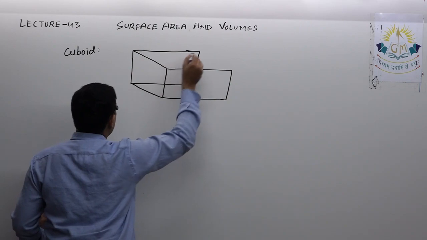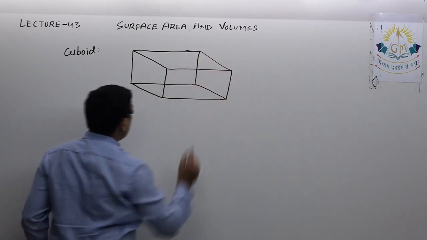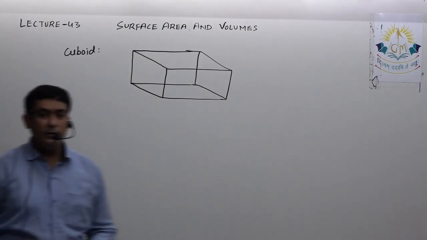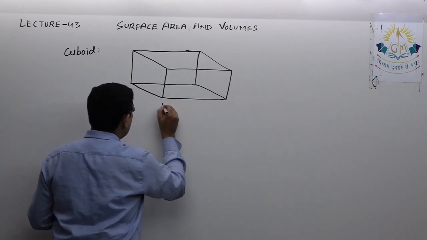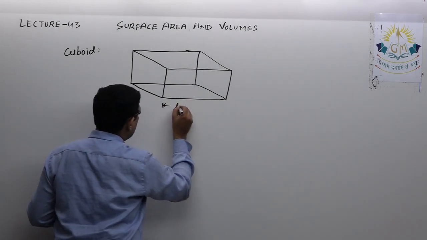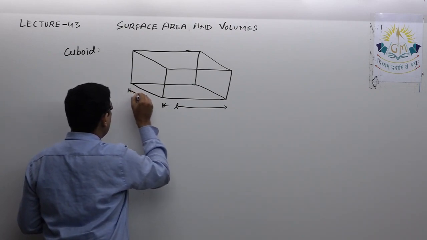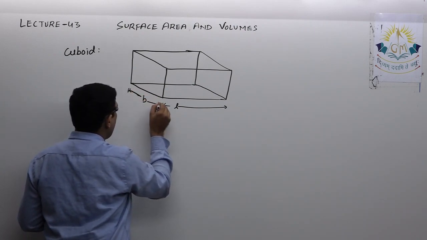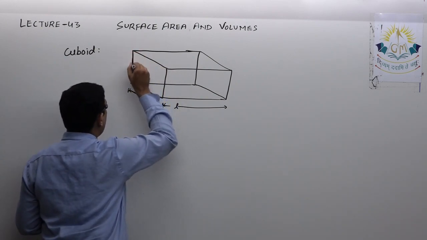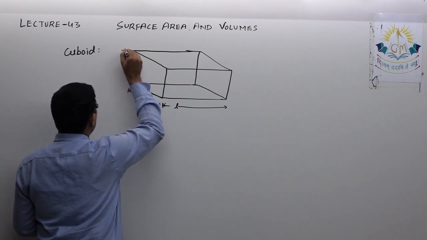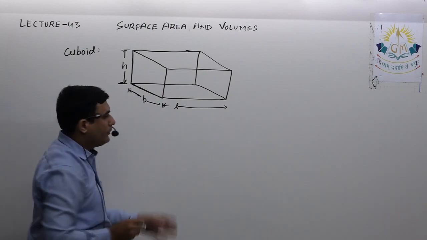So when I say its total surface area, it means I have to add the areas of all the surfaces. Let this be its length L, this its breadth B, and this its height H. A cuboid is a three-dimensional solid. It has three dimensions: length, breadth, and height.